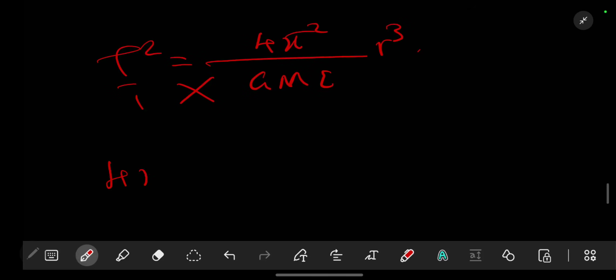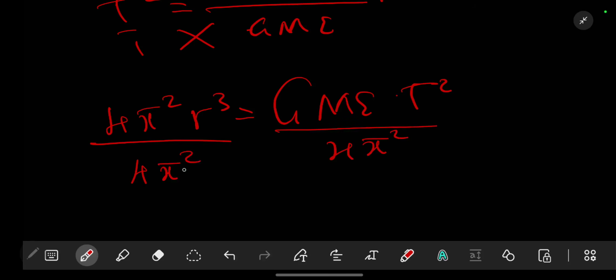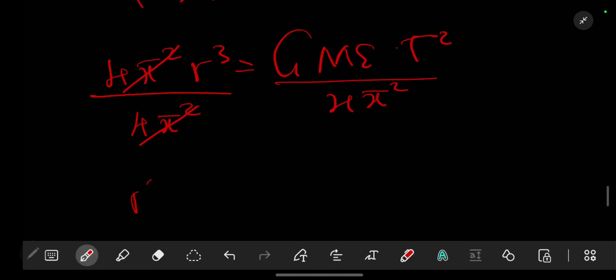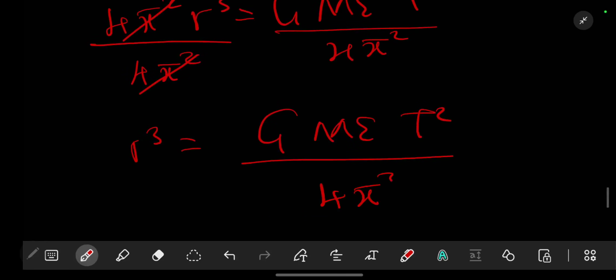So we have 4 pi squared times r to the cubed is equal to GM T squared. Then we are going to divide by 4 pi squared, so that r to the cubed remains to be GM T squared over 4 pi squared.